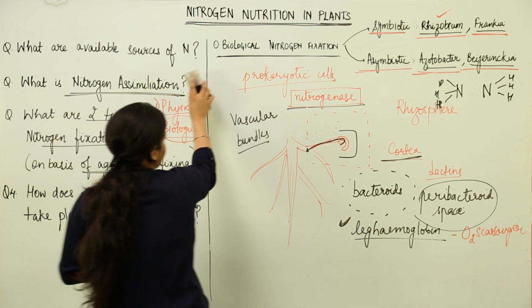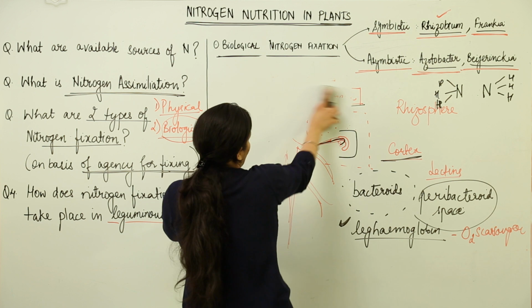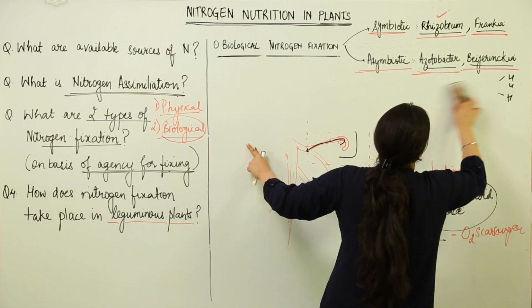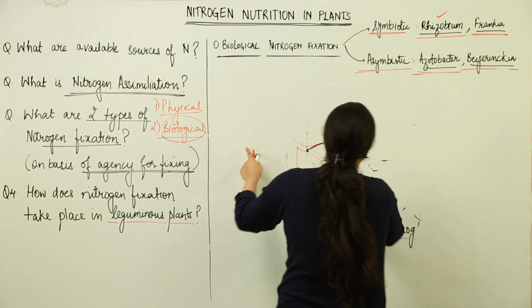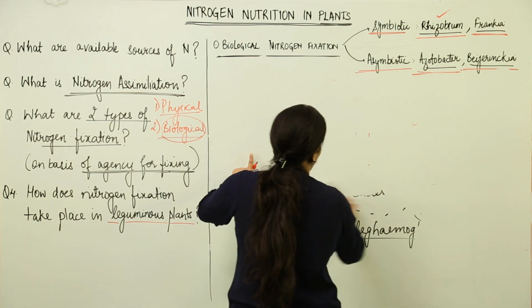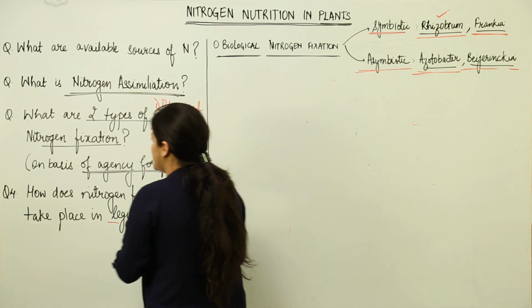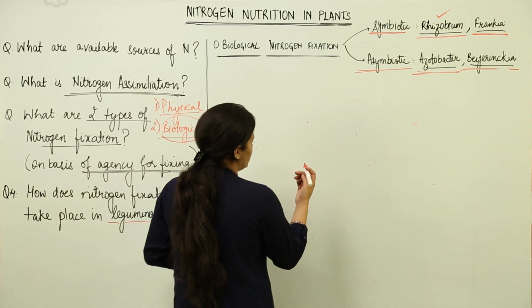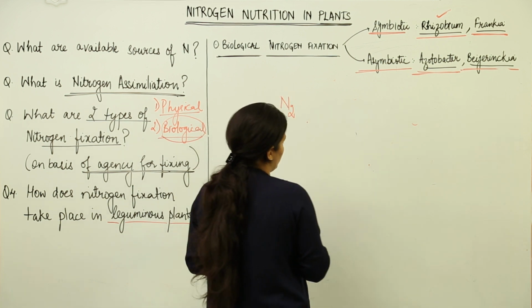Okay. Now this reduction of nitrogen is exactly the biological fixation of nitrogen, where we would end up with two molecules of ammonia with expense of some sort of energy that would be in the form of ATP. Now what happens is that you have a nitrogen molecule.